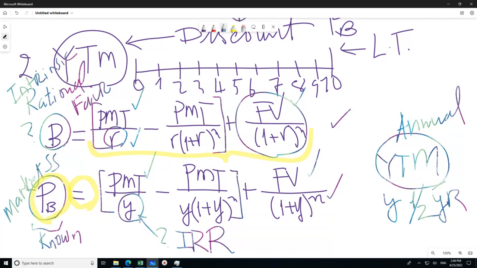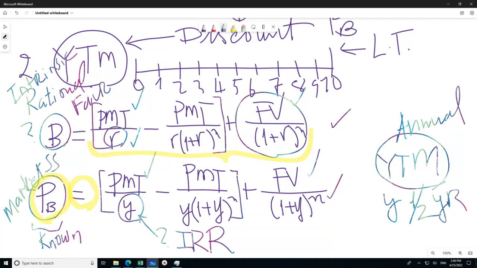So think about it. Because the market price is already known, is given, the right-hand side is the present discounted values, in other words, the present values of the annuities and the present value of the face value. And there can be only one discount rate that can make the right-hand side equal to the given left-hand side. And that's called the internal rate of return. So here's the thing.